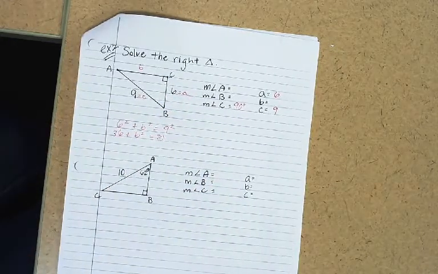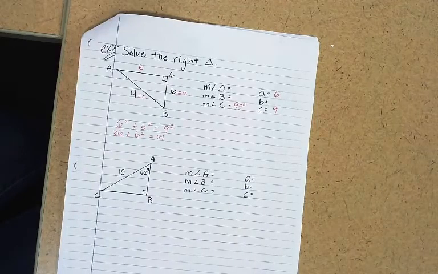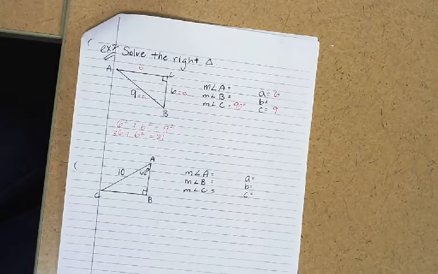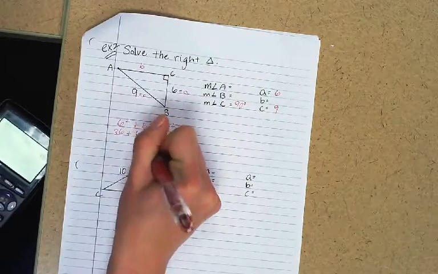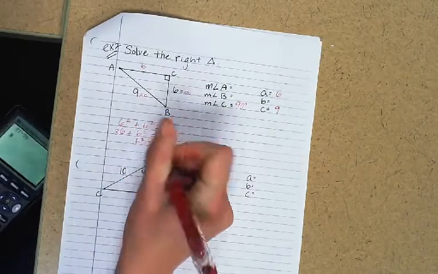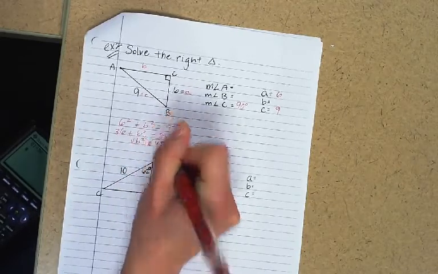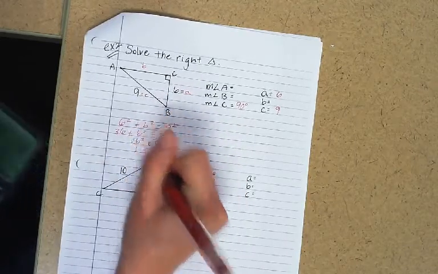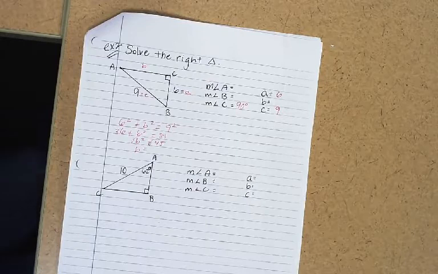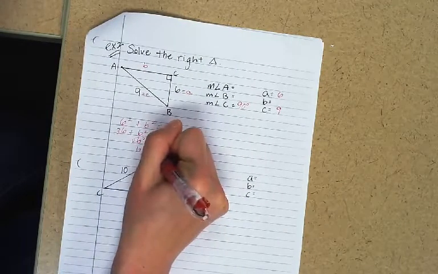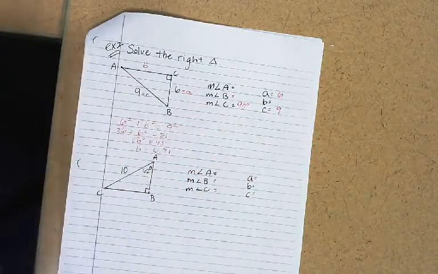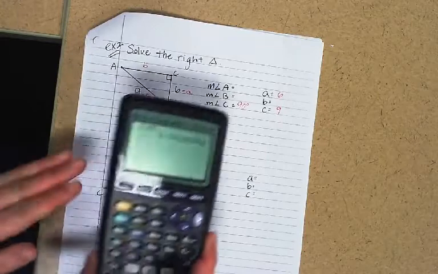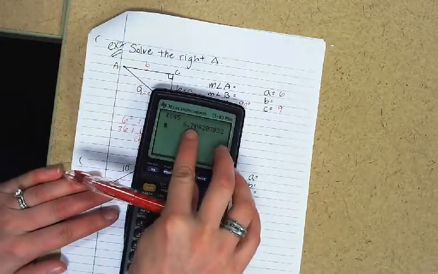If we solve for b on all of these, we're just going to round to the nearest hundredth. So we get b squared is 45, and if we square root, on these ones you don't have to simplify square roots, you can just write it to the nearest hundredth. So side b is going to be 6.71, the square root of 45.